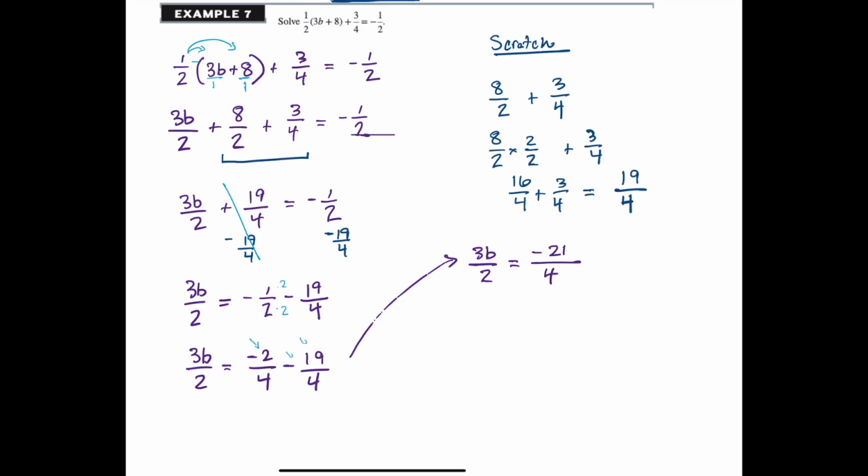I want to solve for b. Let's do the trick of multiplying by the reciprocal. If I multiply both sides by, instead of 3 over 2, 2 over 3, we'll do it to both sides.